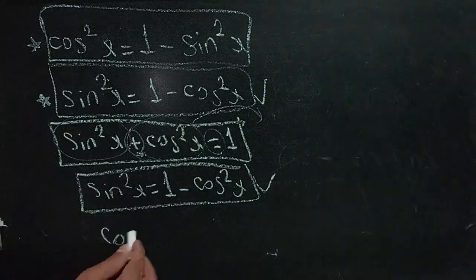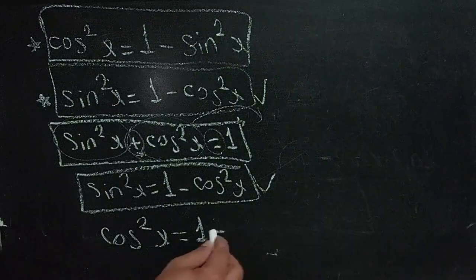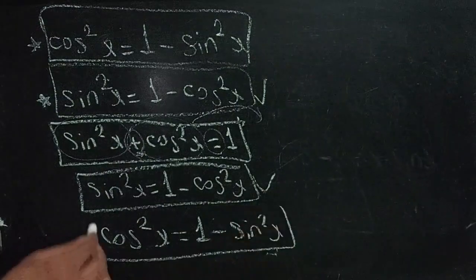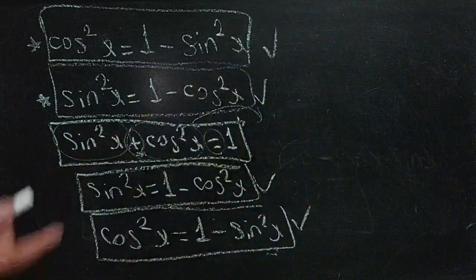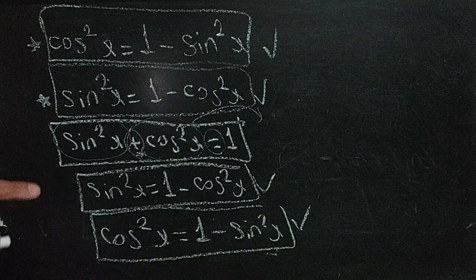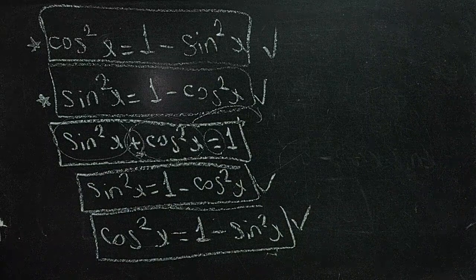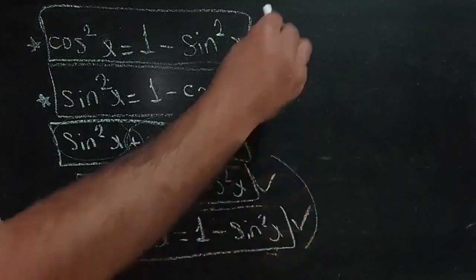That will give you cosinus x square equals to 1 minus sinus x square. That will be this one. So to prove cosinus 2x equals to 1 minus 2 times sinus x square and 2 times cosinus x square minus 1, we are going to use this part.